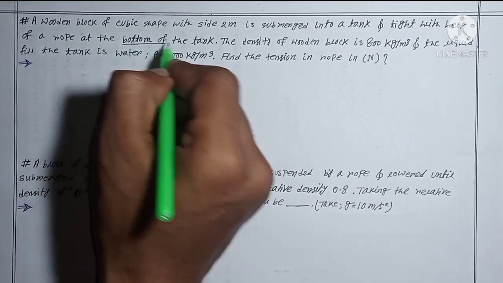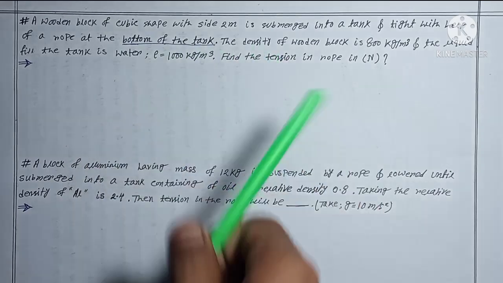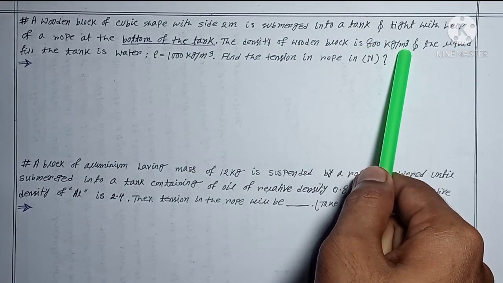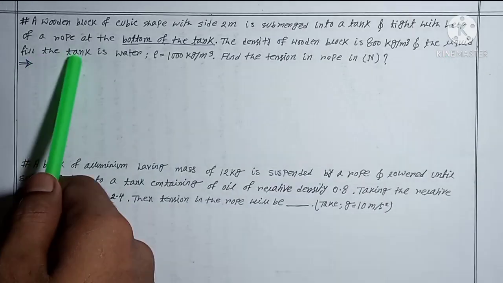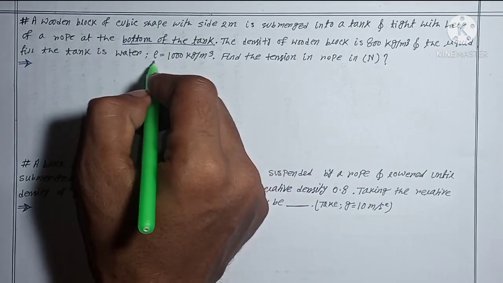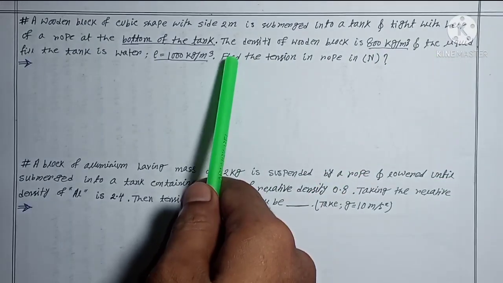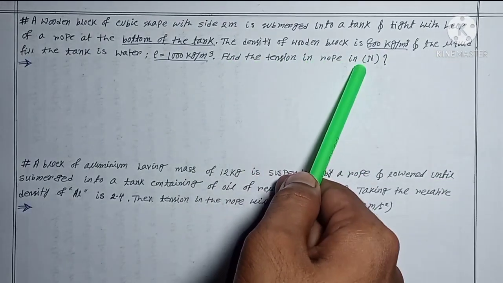The density of the wooden block is given as 800 kg per meter cube, and the liquid filling the tank is water, whose density is also given as 1000 kg per meter cube. Now we have to find the tension in the rope.